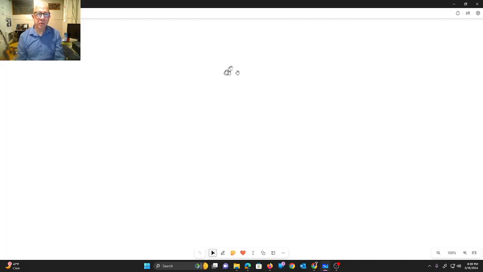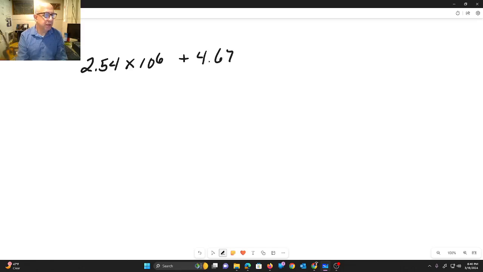When it gets difficult is when they're different. And it's really not that much more difficult. So if I have 2.54 times 10 to the power of 6, and I want to add 4.67 times 10 to the power of 7, you can see the exponent 6 and the exponent 7, they're different.